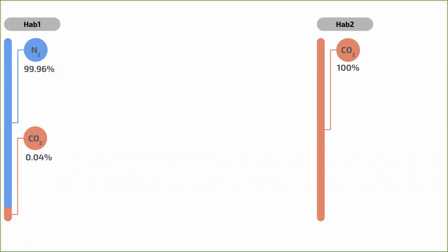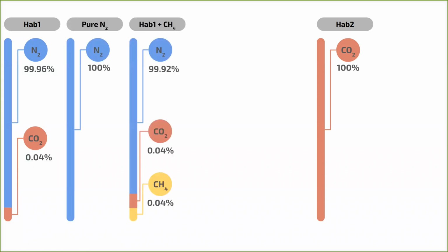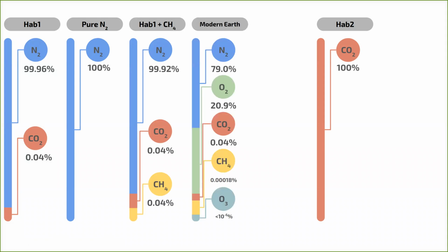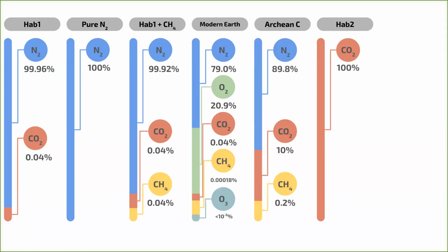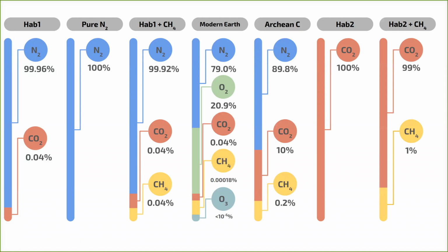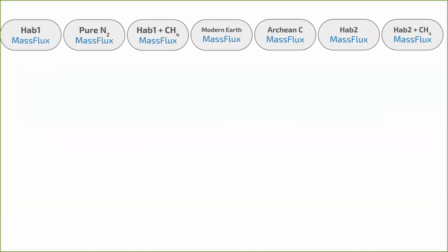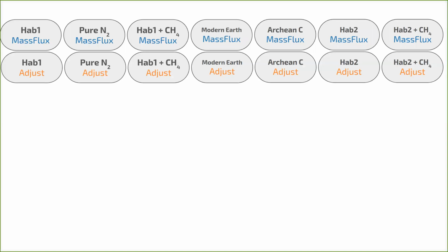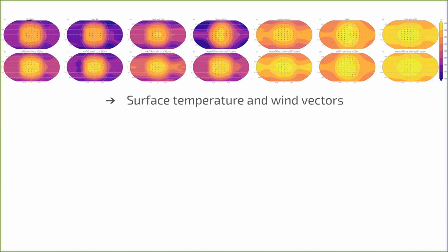In addition to them, I run 5 more simulations listed here: pure nitrogen, Hab1 with methane, modern Earth, RTNK-C, and Hab2 with methane. So for each of them, I run the simulation with standard configuration and the mass flux scheme, and then swap the mass flux scheme for the adjustment scheme.